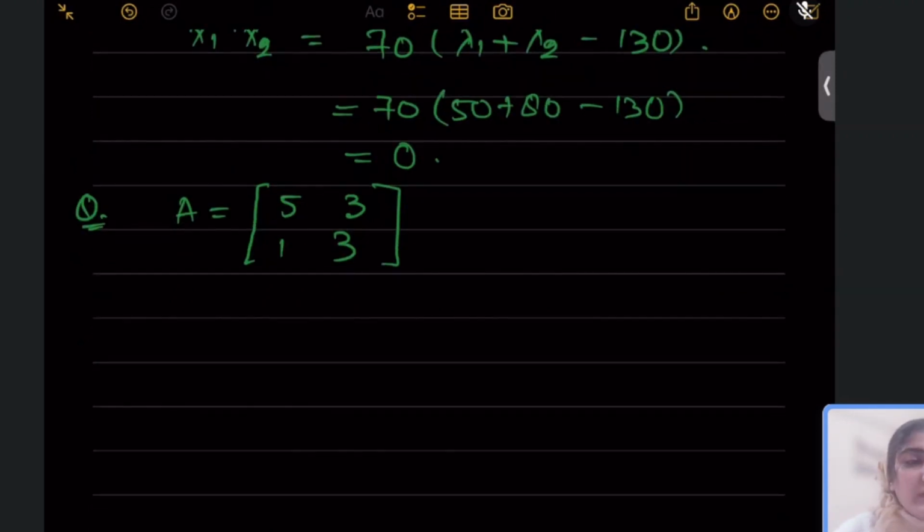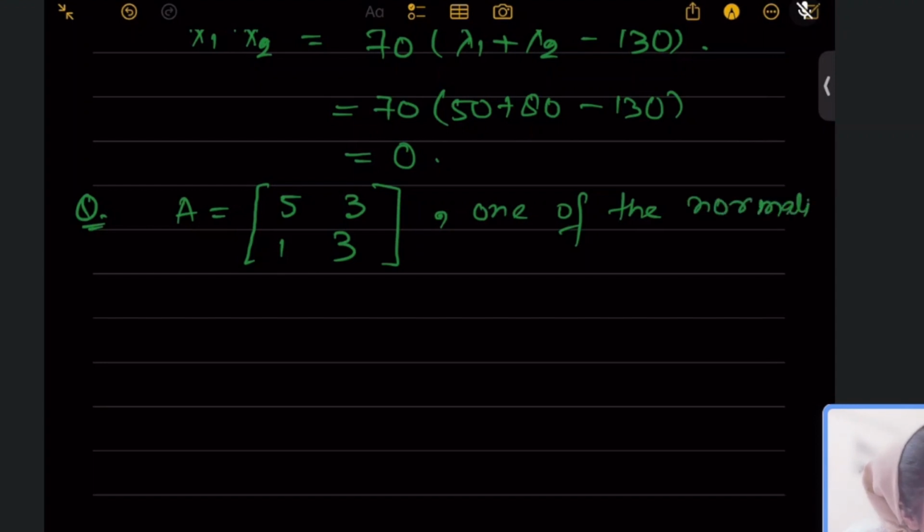We have been given a matrix A, which is a 2 cross 2 matrix. So you have to find one of the normalized eigenvectors.